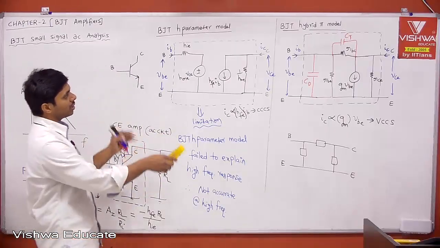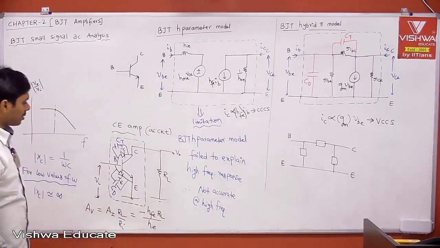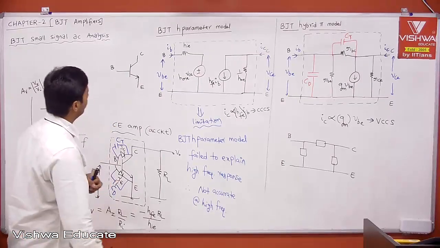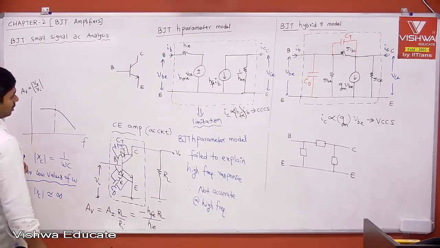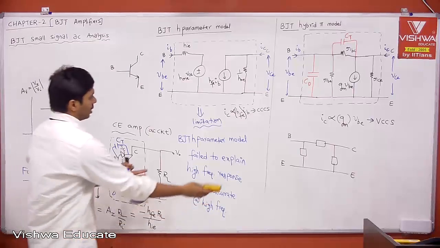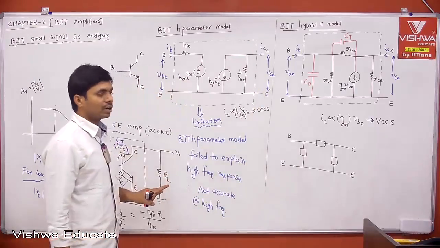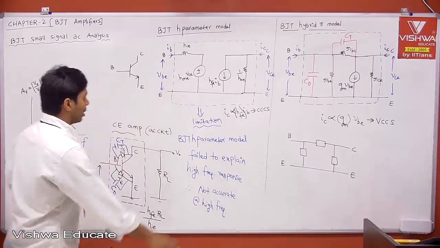We are trying to correlate the transconductance to your H parameters. Let me erase all these portions, but I want these two equivalent circuits. You have to write just below these two. I don't know whether you are writing column-wise, but it is better to write column-wise if you want to compare, because you are trying to compare.